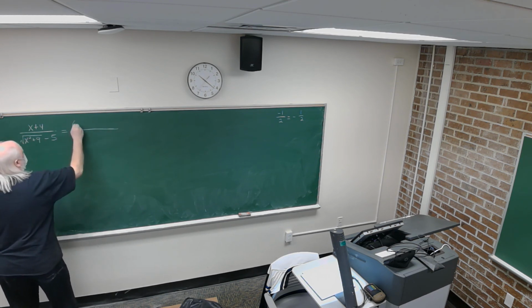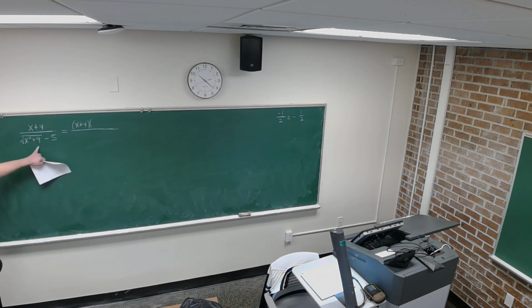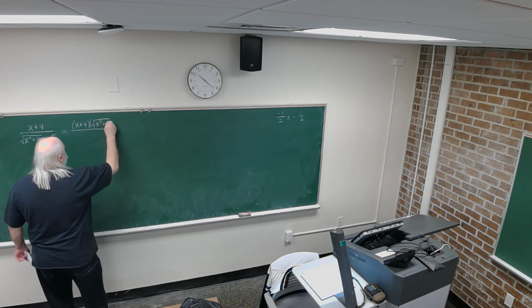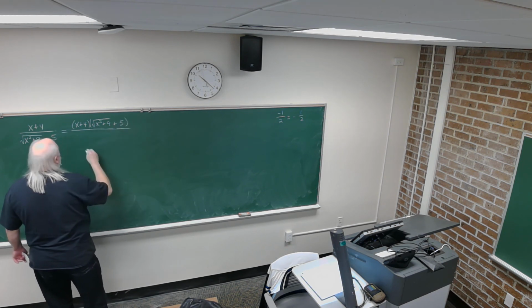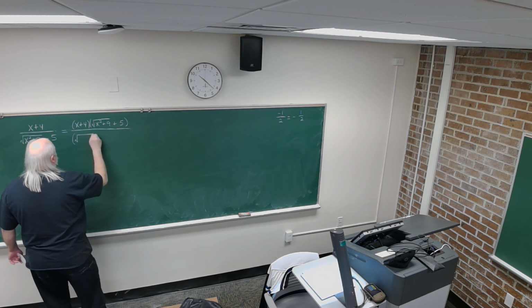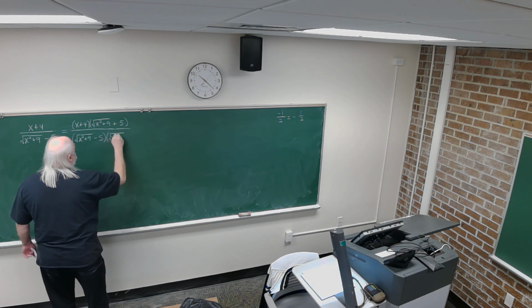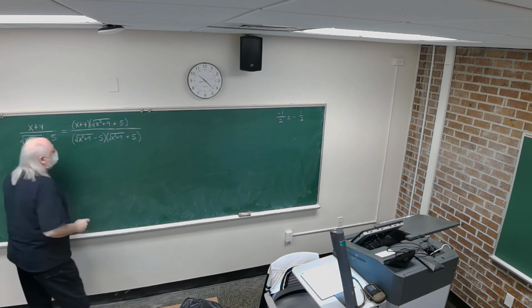The conjugate of the denominator is square root of x squared plus 9 plus 5. So we multiply top and bottom by square root of x squared plus 9 plus 5 over square root of x squared plus 9 minus 5 times the square root of x squared plus 9 plus 5.